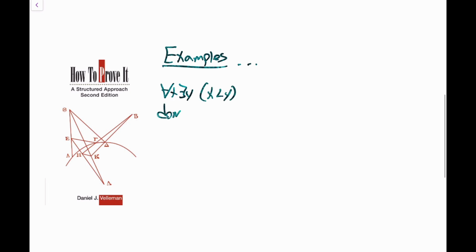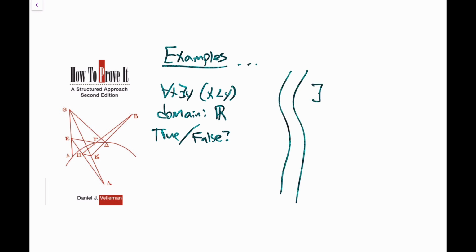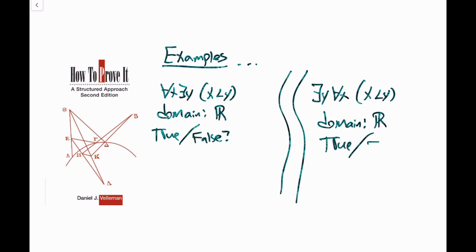The domain is just all real numbers. And we just want to know, is this true or is this false as a proposition? And we want to compare that with there exists a y such that for all x, x is less than y. Again, the domain is just all real numbers. And we want to know, is this true or is this false?